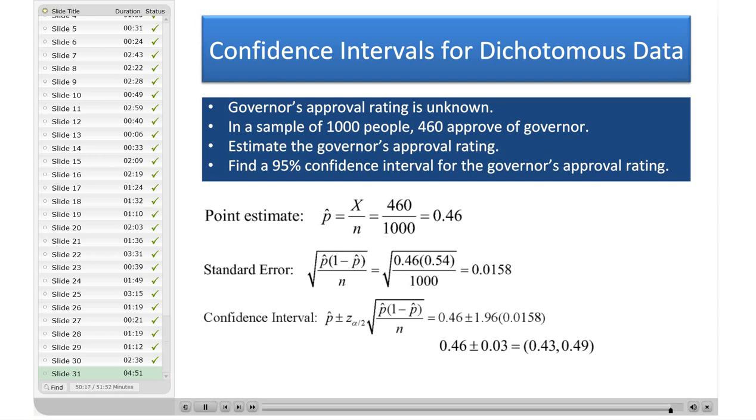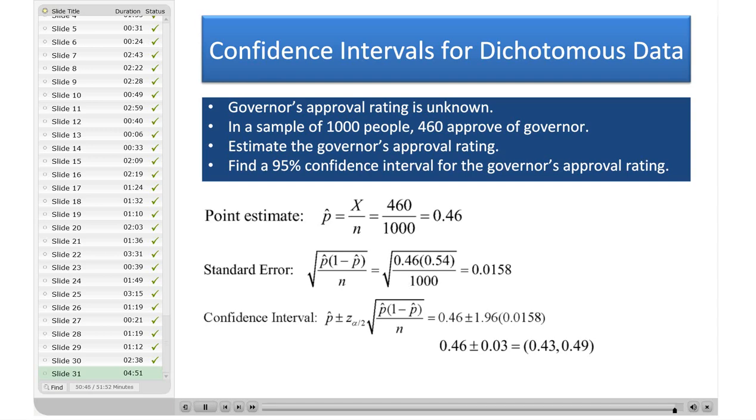But in any case, this is our standard error, square root of p hat times 1 minus p hat over n. So let's go ahead and plug into that. P hat's 0.46, so we have square root of 0.46 times 0.54 over 1,000. That gives us 0.0158. Now, what do we do with the standard error in order to find a confidence interval? We're going to multiply that by z sub alpha over 2, and that's going to give us our margin of error. Now, in this problem, we want to find a 95% confidence interval, which means that z sub alpha over 2 is going to be 1.96.